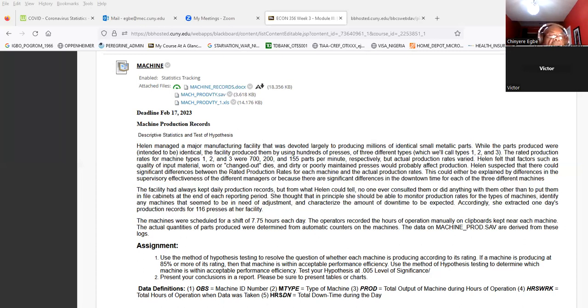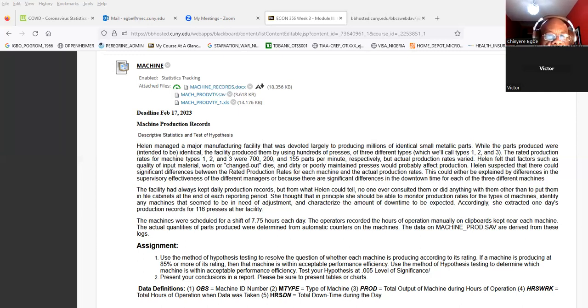So how many minutes are in 7.75 hours? So that means you now have to calculate the per minute output, which I'm going to call PMQ. So you do the decimal times 60 to get the minutes.